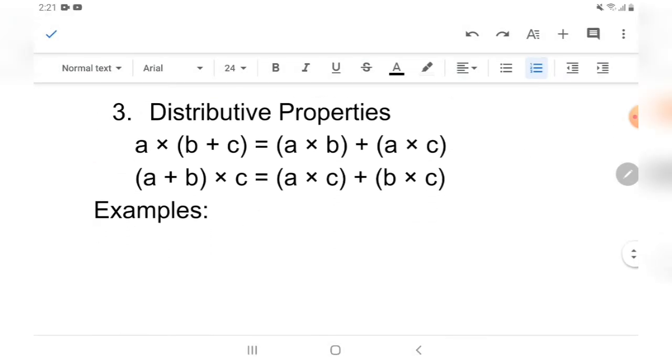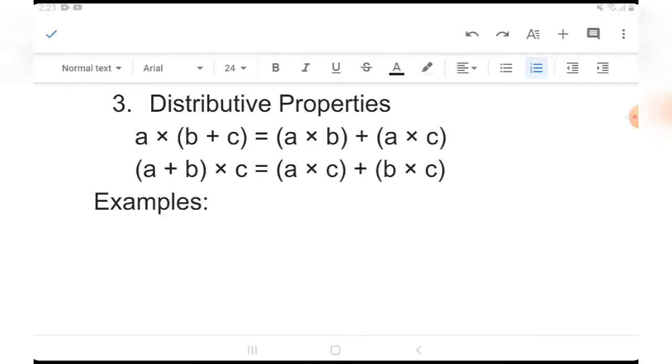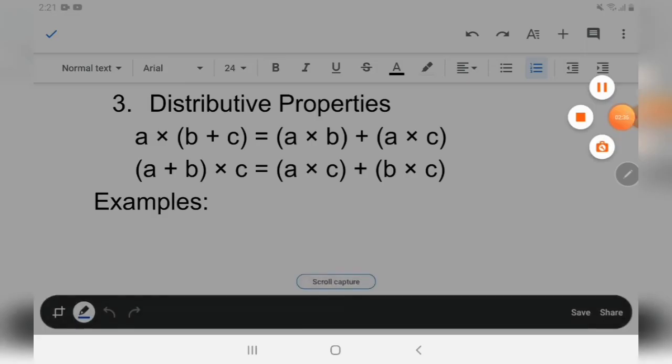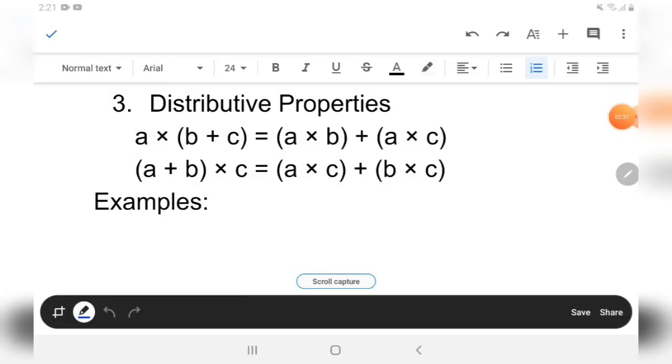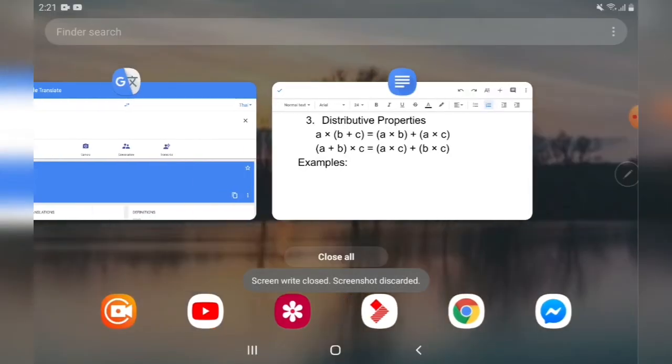Next, distributive properties. Here, distributive property, or let's say distribute. You distribute. Okay, let's check the Google.